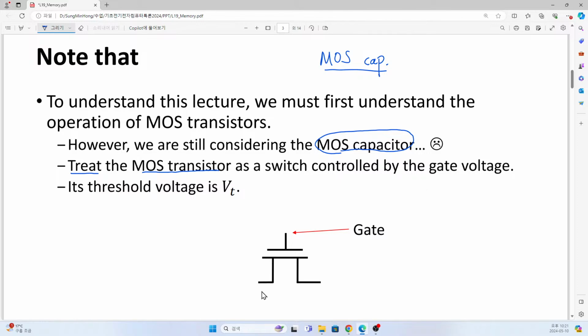Here we have a symbol for MOSFET, and here we have a gate. If the gate voltage is higher than the threshold voltage, then we think that here we have a channel and these two terminals are electrically connected. So please understand this one.